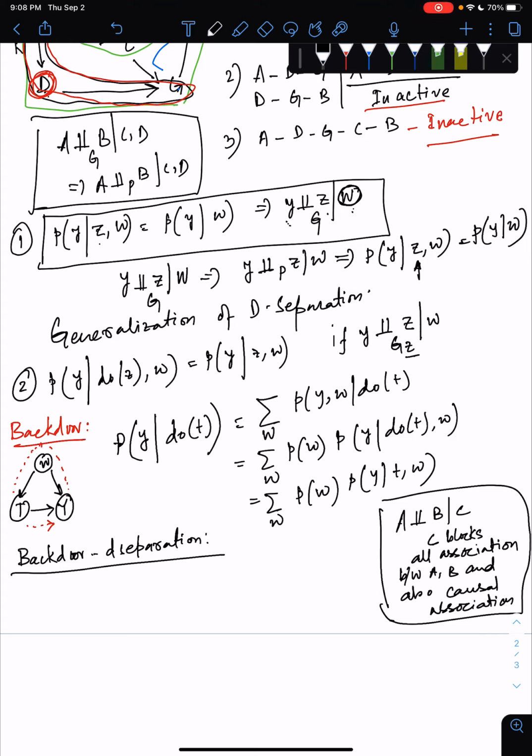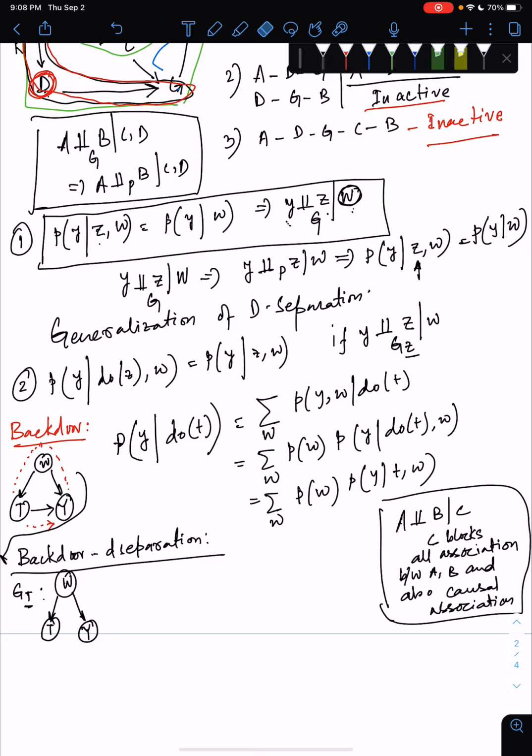So if I go from this graph to this particular graph, where I remove the edges going out of T, this graph is d-separated.